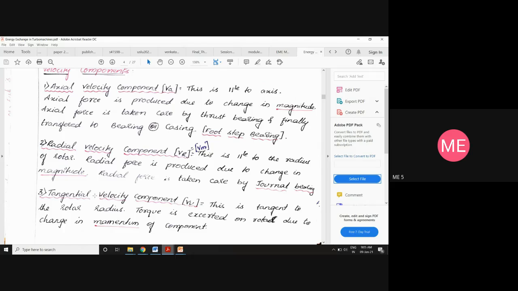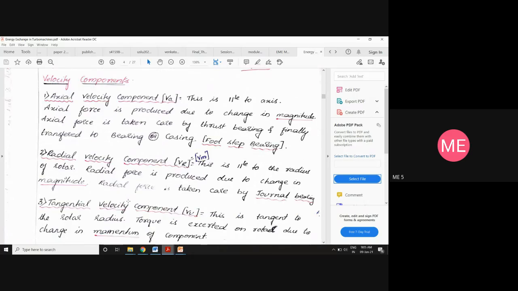The very important energy which contributes only to the rotation of the rotor is the tangential component. This is the tangent to the rotor of the radius. Torque is exerted on the rotor due to the change in momentum of this component. So these three are the components we will get from V, that is, the absolute velocity V1. From V1, these three perpendicular components will come. This is perpendicular to the shaft, this is parallel to the shaft, and this is tangent to the shaft.